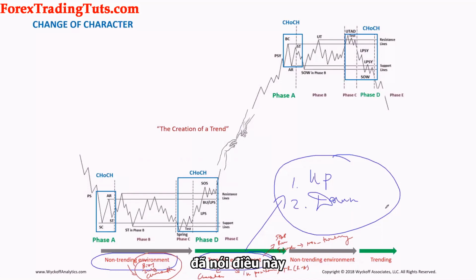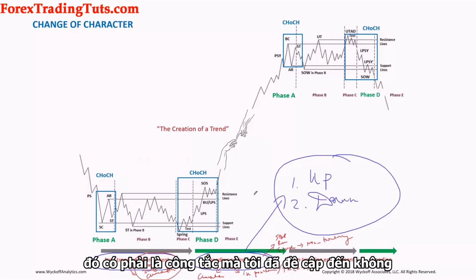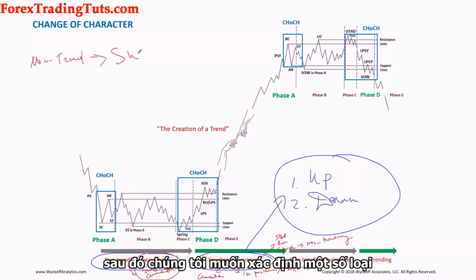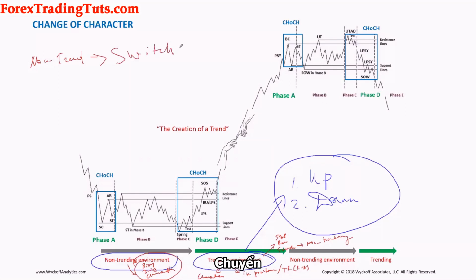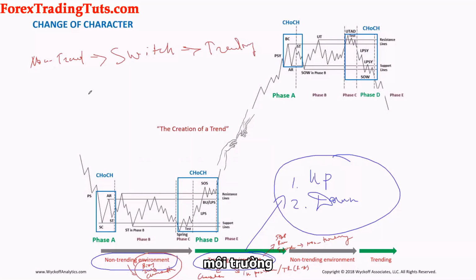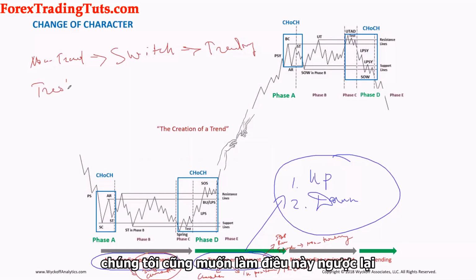Having said this, the main thing between these two environments is that switch that I already mentioned. So we want to see, let's say, a non-trending environment. Then we want to identify some kind of switch which would lead us to a trending environment. We want to do this in reverse as well.